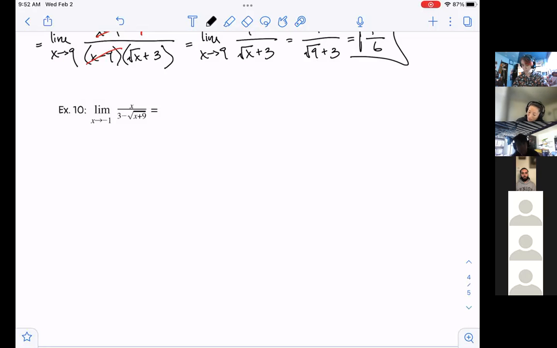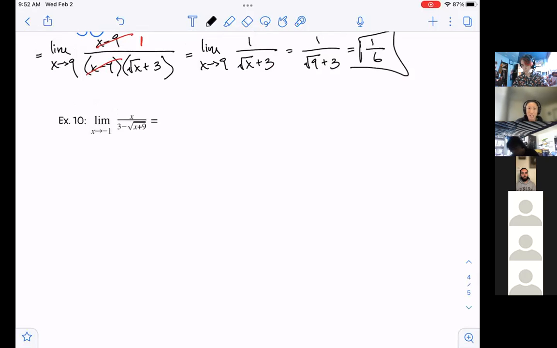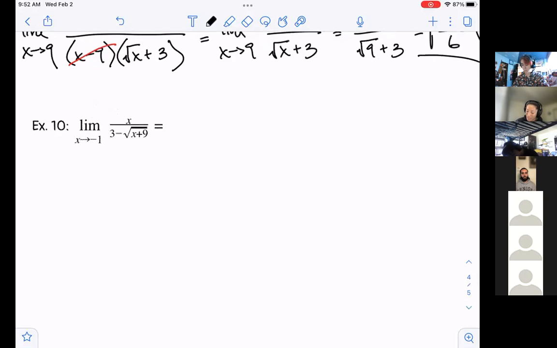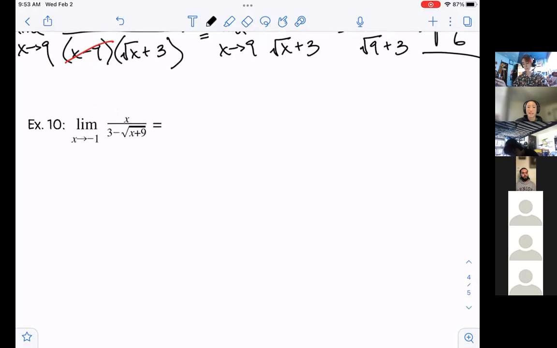And so in example 10, we see this problem, it looks kind of complicated, but as any good mathematician does, we say, let's try the most straightforward way first, which is to plug in the number and see what happens. In this case, what value are we plugging in? Great, I see a -1 there. Exactly.